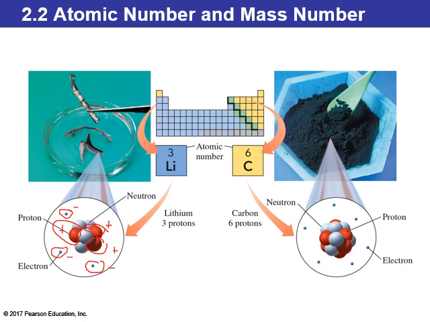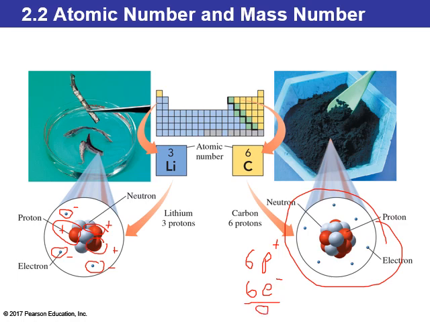That's what gives us an overall neutrally charged atom. We've got the same thing going on over here with carbon, except we've got 6 protons, each with a positive charge, and that means we can have 6 electrons, each with a negative charge. That gives us a total charge of 0, so we are neutrally charged there.